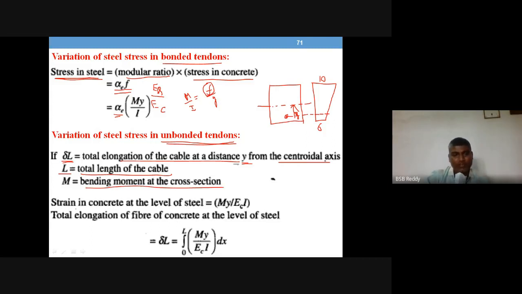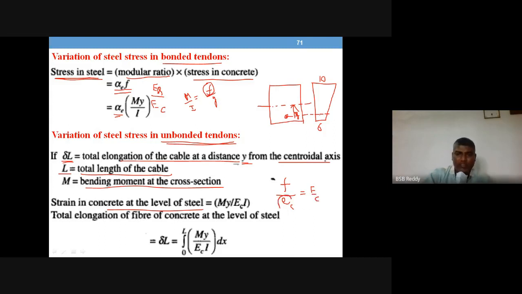Now, the strain in concrete at the level of steel. What is the strain in concrete at that level? Stress by strain is equal to Young's modulus of concrete, EC.